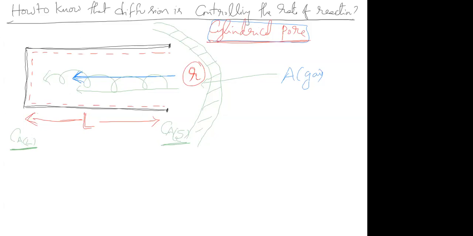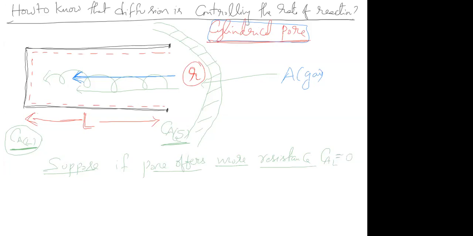Now imagine a scenario: if the pore is offering more resistance, then what is your CaL? It will be almost equal to 0.